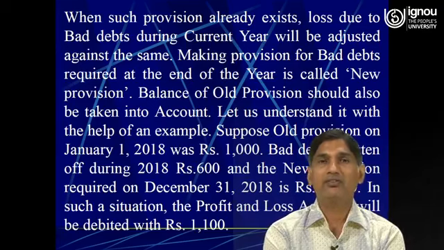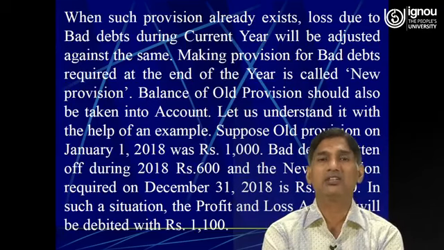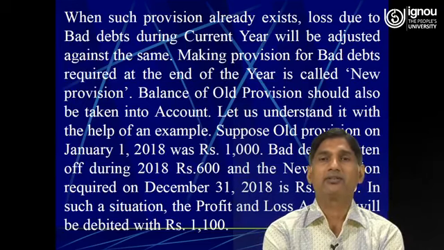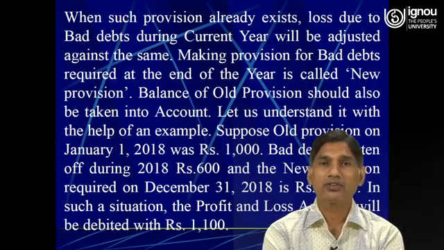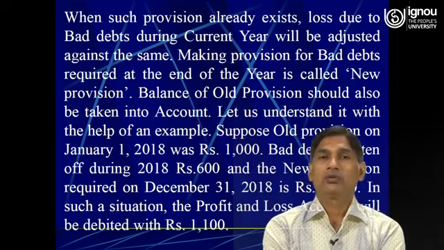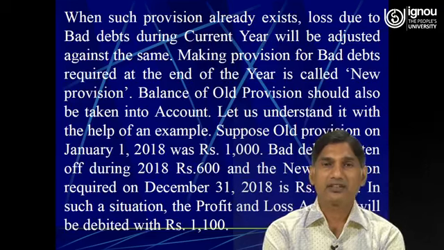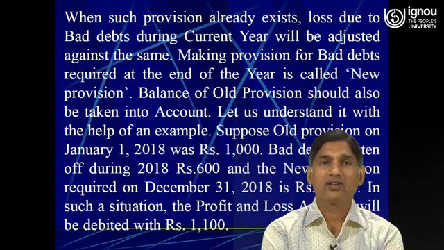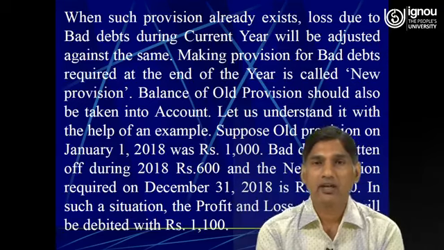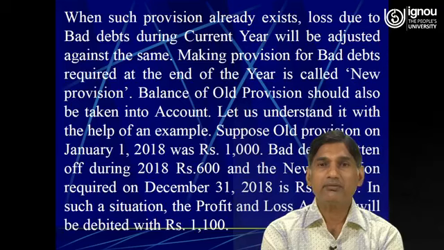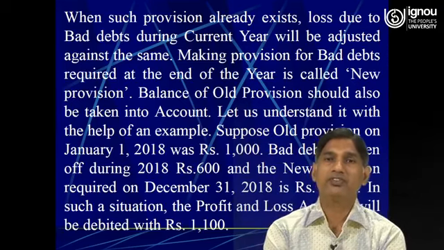Here we will simply apply this equation to the information provided to us. The old provision on January 1st 2018 was rupees 1000. Bad debts written off during the year are 600 rupees, and the new provision required is rupees 1500.